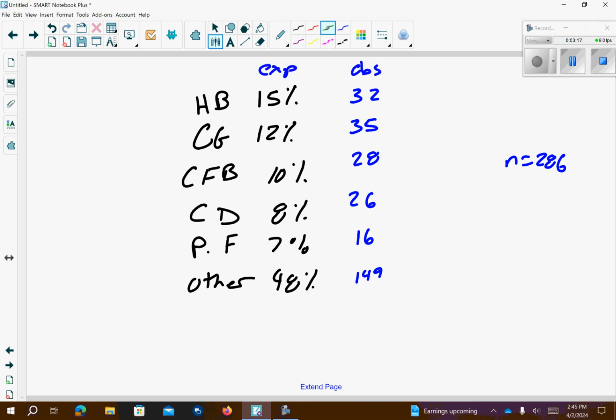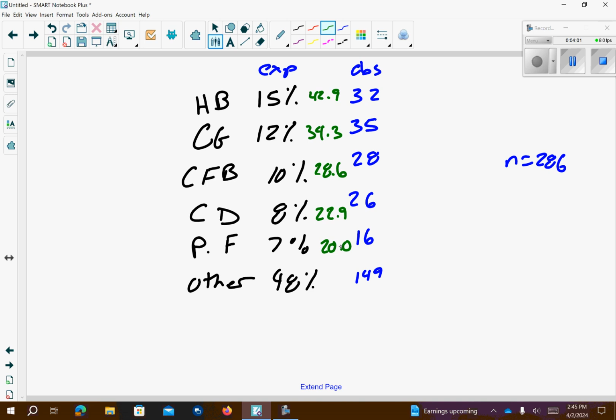Now in order for us to find the expected, we have to figure out 286 times 15%, or 0.15. This would be 42.9. Then 12%, 0.12 times 286, is 34.3. 10% is going to be 28.6. 0.08 times 286 is 22.9. 7%, so 0.07 times 286 is 20.0.